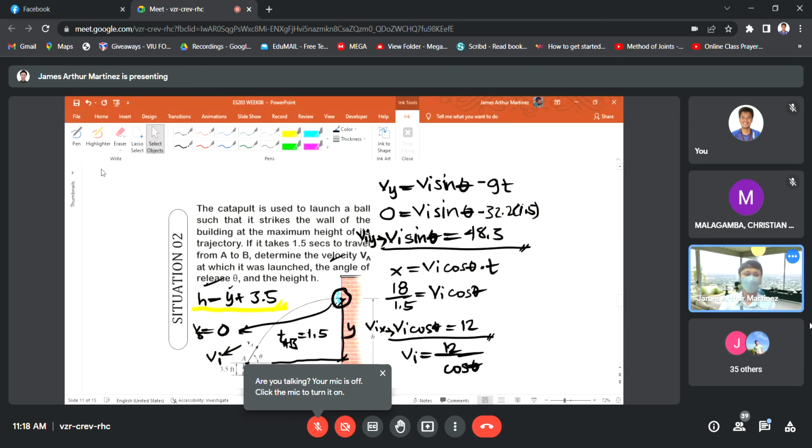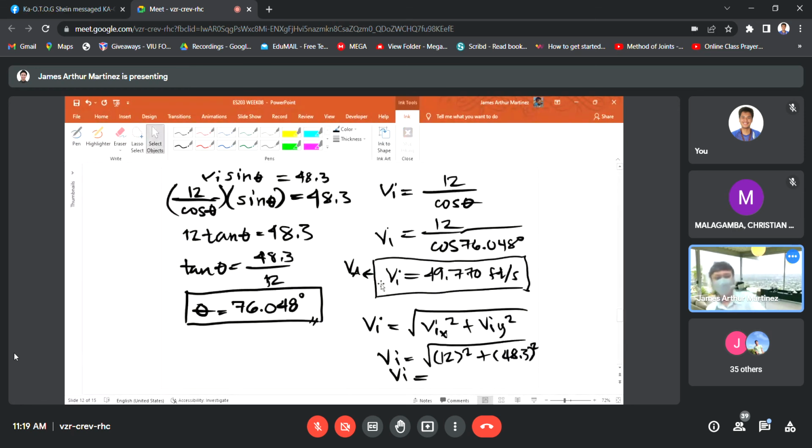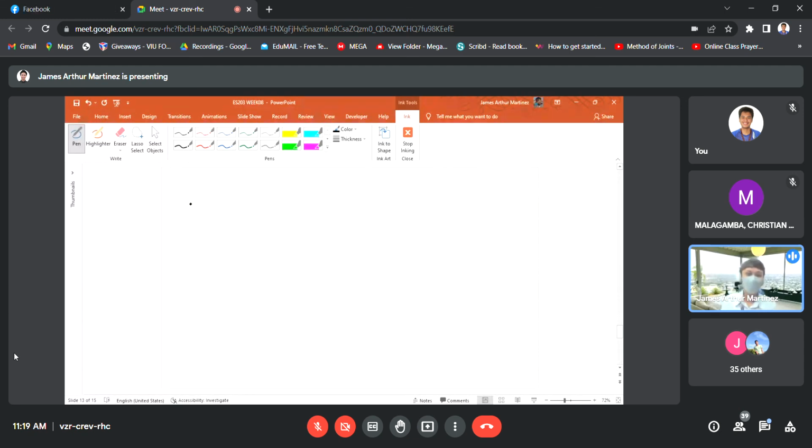Now, what else? The height is what we lack, I mean, the height of your final position, point P, from the ground. To compute for height, we have the equation height equals y plus 3.5 feet. So y is our problem. How do we determine y?